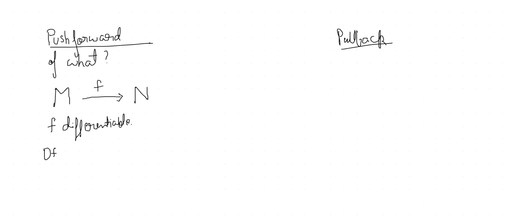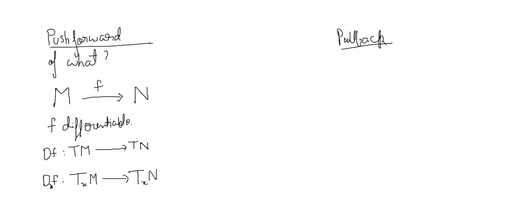So the abstract definition is that it goes from the tangent bundle to the tangent bundle, but we may not need this. But we can first come to the pointwise definition, that df at every x goes from the tangent space at x to the tangent space at f(x).